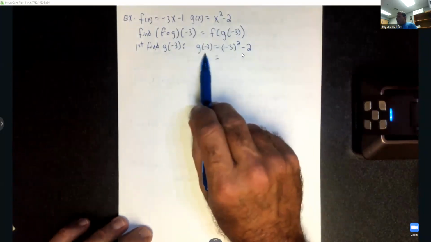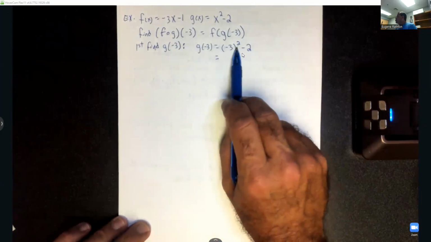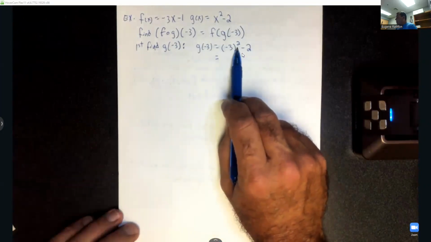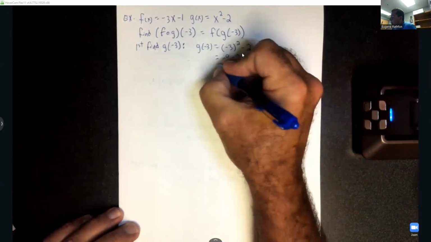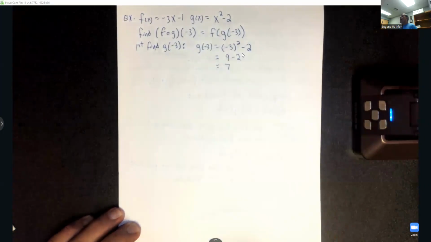All righty, so let's work g of negative 3 first. So negative 3 squared, any number squared is positive. So that's going to give you a positive 9 minus 2, which gives me a 7.